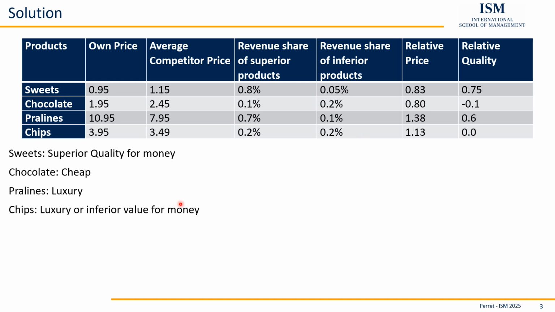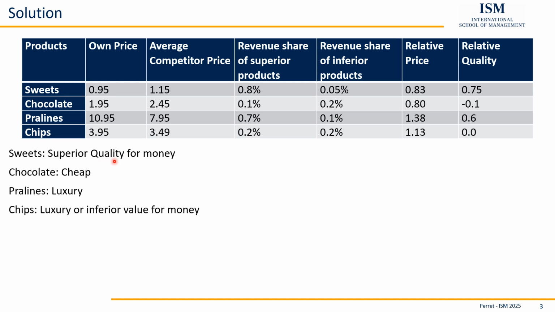So either I could go with the inferior value for money, which would not be the ideal strategy, or I could go for a luxury strategy, which would mean I have to increase the share of products where I'm rated superior to my competitors. Well, in those 2, I'm clearly positioned as well.